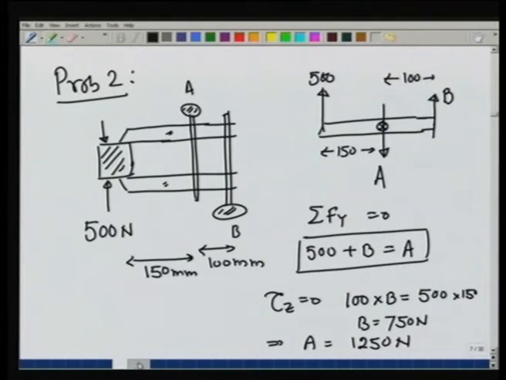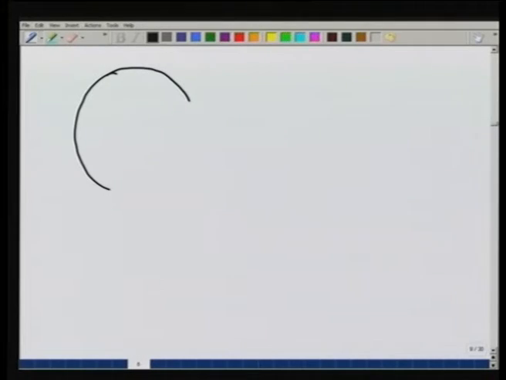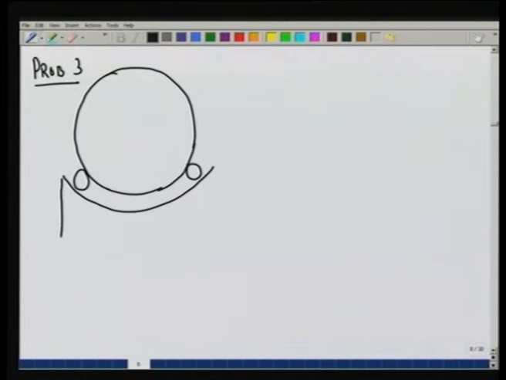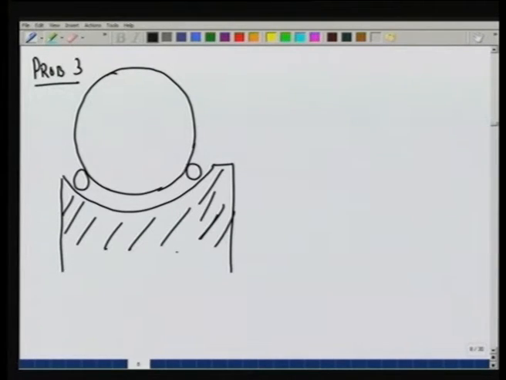Let me solve one more problem, and that is a problem where we support a big drum, this is problem 3, on cylindrical rollers.